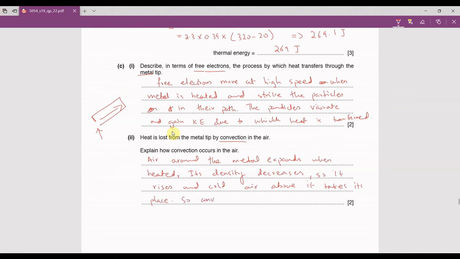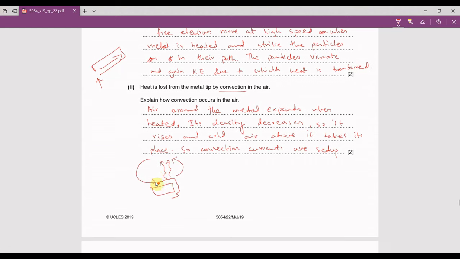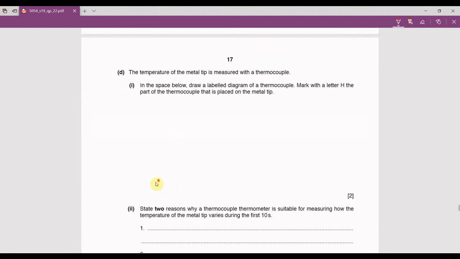So convection currents are set up. In these convection currents, the hot air is always going away from the metal, so the surroundings are getting heated. So this is your metal, this is the hot air. The hot air rises and the cold air comes and takes its place. So there is a convection current, a cycle that has been set up around the metal, due to which energy is being taken away from the metal.